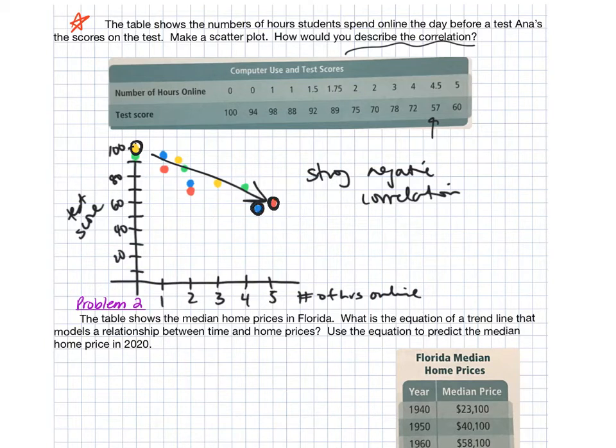So this was 4.5 comma 57, and this one was 0, 100, right? And if you draw a line between those 2 points, that kind of represents the trend.